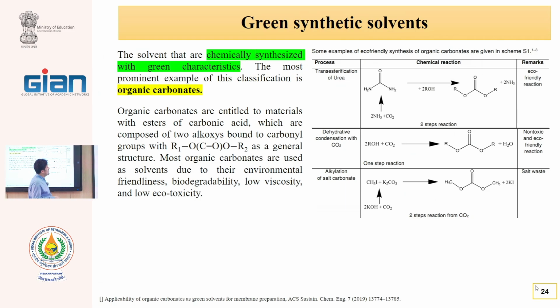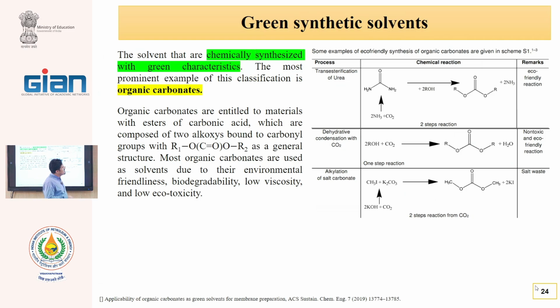The third group is green synthetic solvents. Green synthetic means that these solvents are chemically synthesized, not bio-based, but the fabrication method and the properties of the solvent are green.